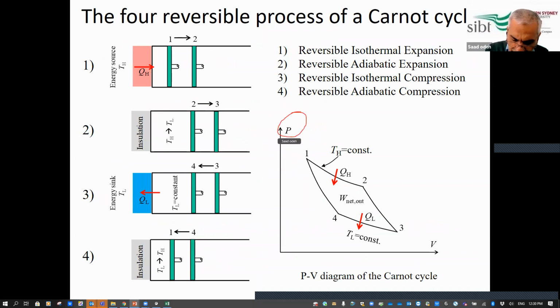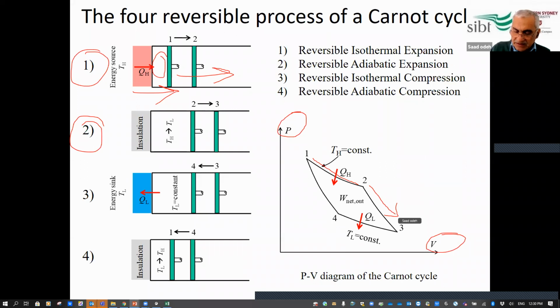So this is the y-axis P and the x-axis is V. And as you can see, the first process, process 1, from 1 to 2, it is isothermal expansion, meaning that the piston is moving backward and I'm increasing the volume inside the cylinder, and then from 2 to 3, the second process, we have reversible adiabatic expansion.